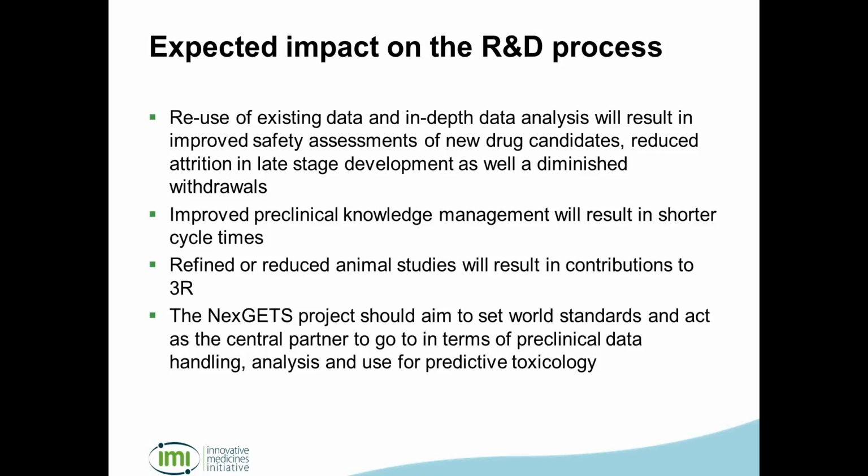By doing so, we hope that the overall attrition rate will be improved. And the attrition rate is not necessarily having more compounds being successful, but it also comprises killing projects very early. If we can detect relatively early on that a project bears too high a level of toxicological hurdles, we can kill that quickly. That's also part of the impact.